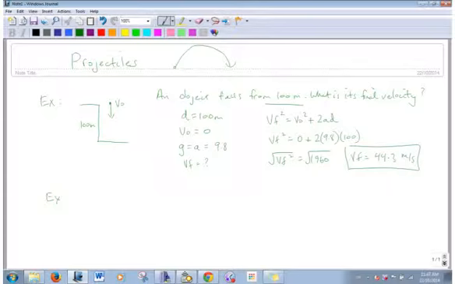Now, we now throw the projectile, the word, down at 5 meters a second.